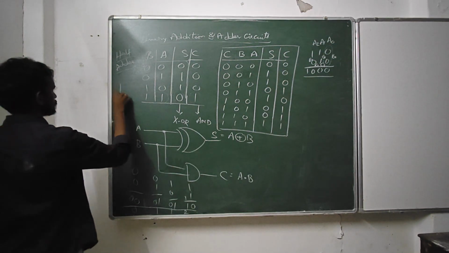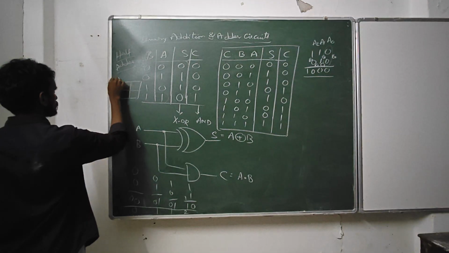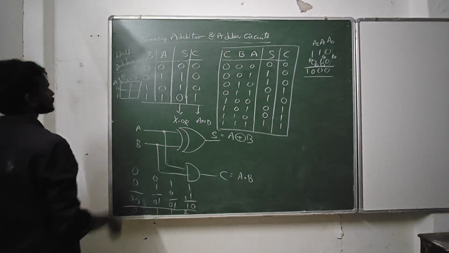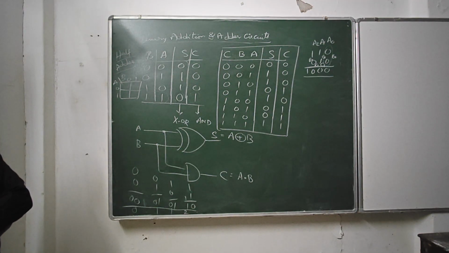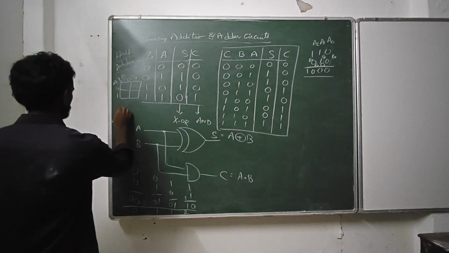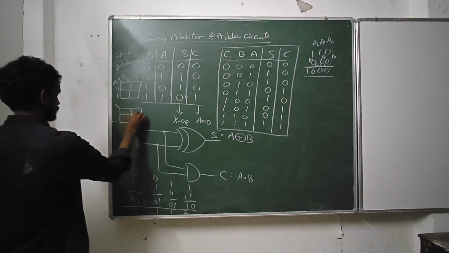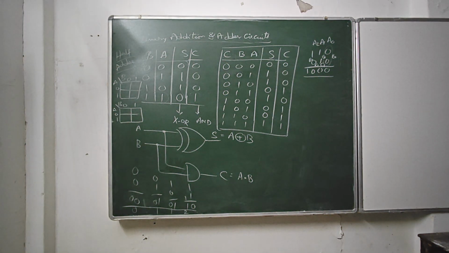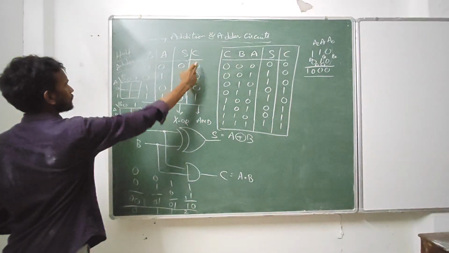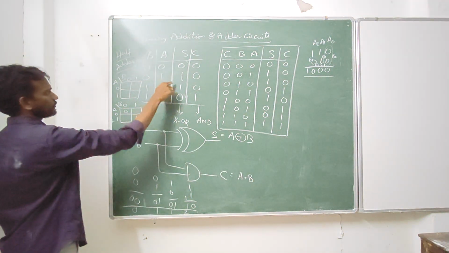To fill, for 0 0 combination, your result is 0.